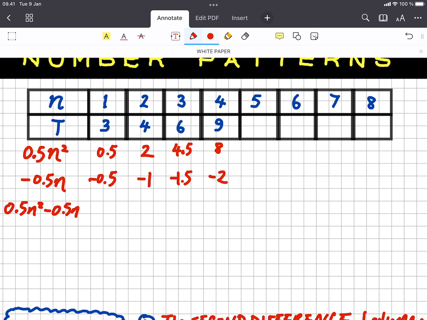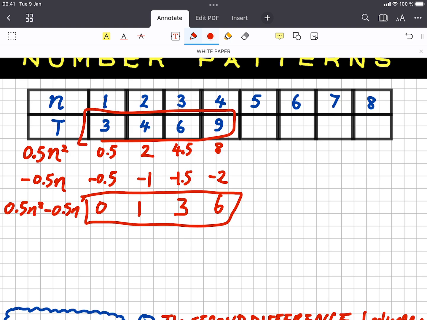so 0.5 together with minus 0.5 gives us 0. 2 together with minus 1 gives us 1. 4.5 together with minus 1.5 gives us 3. And 8 together with minus 2 gives us 6. So we're nearly getting the numbers that we want, but we're getting 0 when we want 3. We're getting 1 when we want 4.